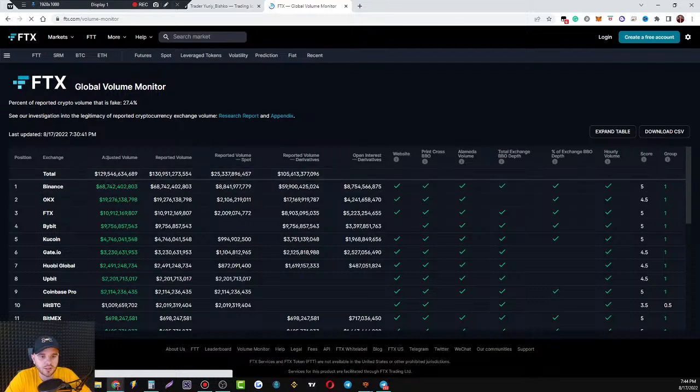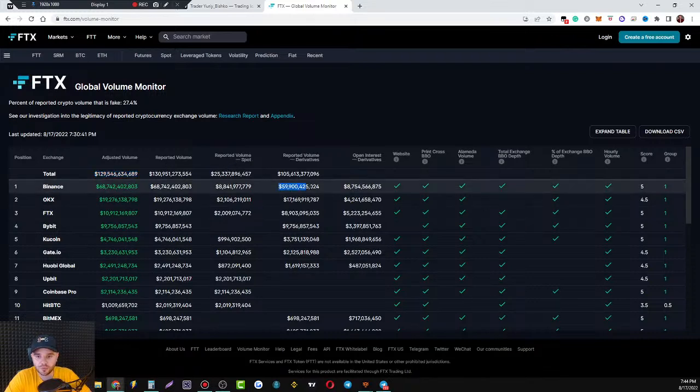Have a look. It is adjusted volume that traded on the markets. Is it live data? Still, the last update is 17th of August, like, it's good, fresh data. All volume together, 129 billions. 68 is on Binance.